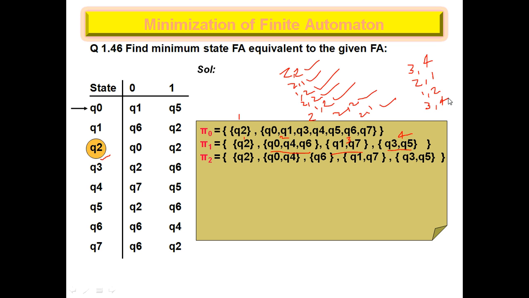For Q5 we have Q2 and Q6, so 1, 2. And for Q6 we have Q6 and Q4, that is 2, 2.